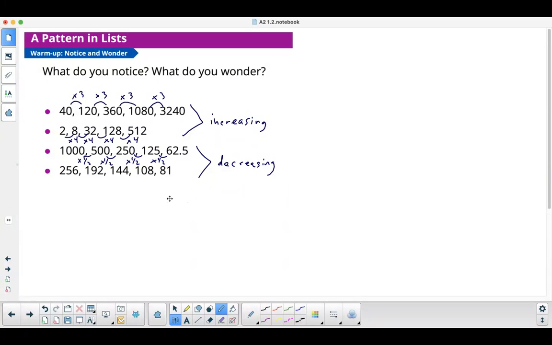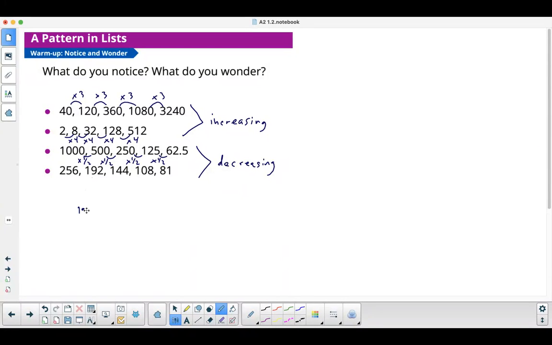Now, if it was dividing by 3, you would times it by 1/3. Dividing by 4, times it by 1/4. You're always going to be multiplying. Now, this one's even trickier. So here's a little trick: if you can't tell what you're multiplying by, you could always divide the numbers. We're always going to divide by the previous number.